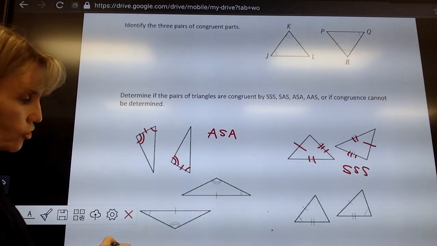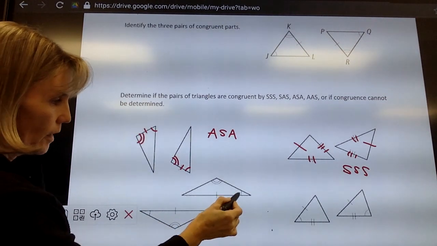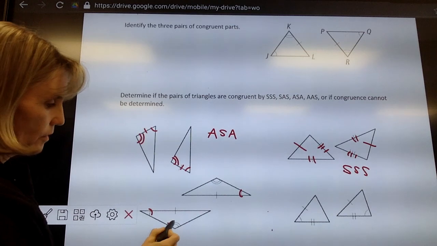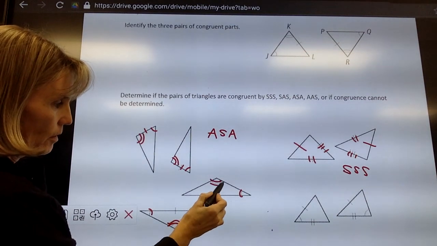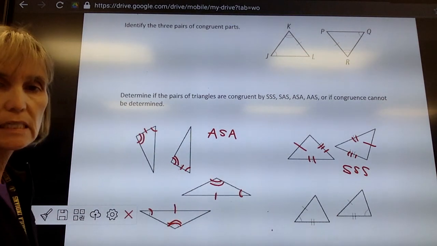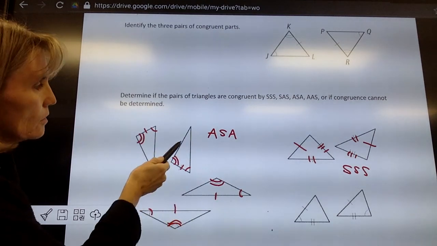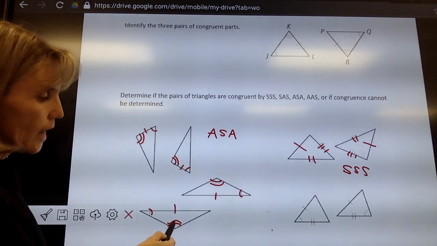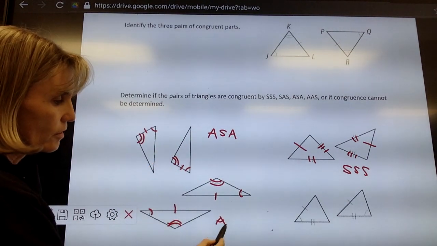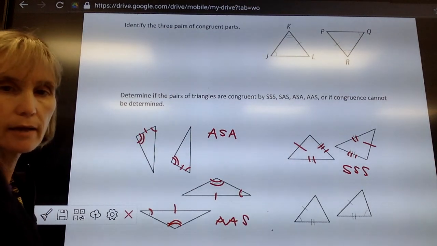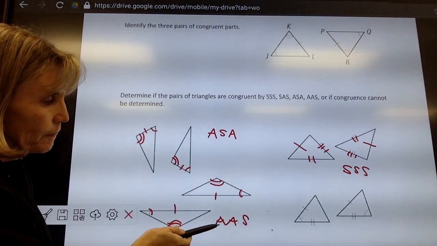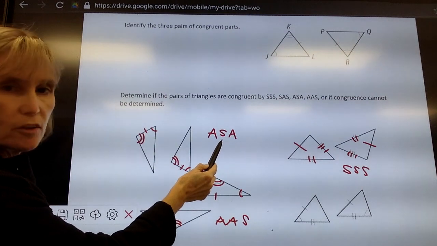Okay, this bottom picture, we see an angle, then we see another angle, and then we see a side. Now, is the side in between the two angles like it was up here? No, the side is not in between the angles, so this criteria would be angle, angle, side. It's important. These are different. In this one, the side has to be in between the two angles.